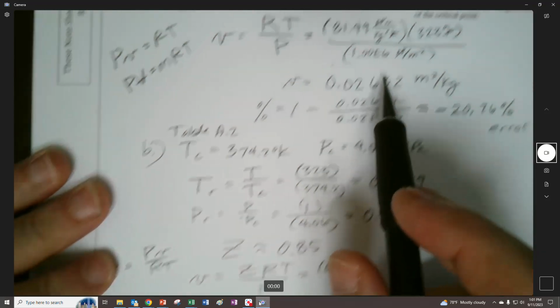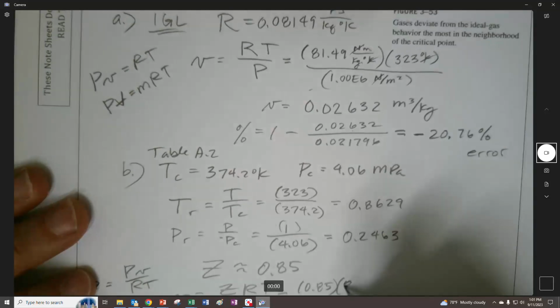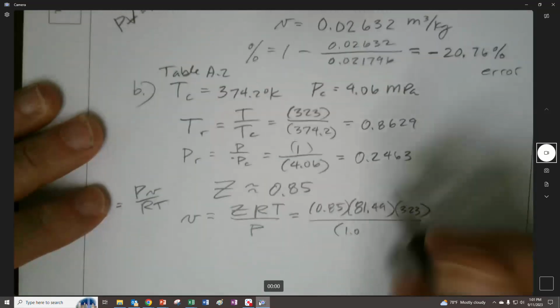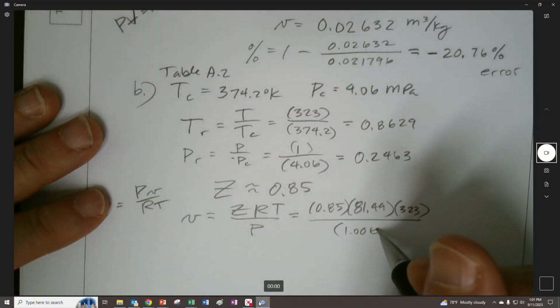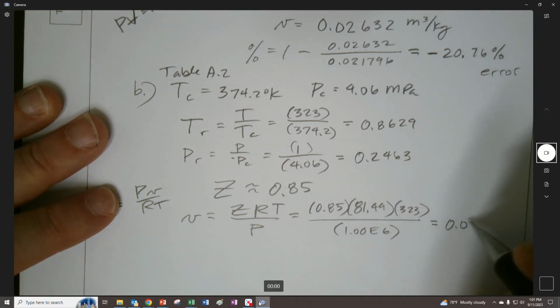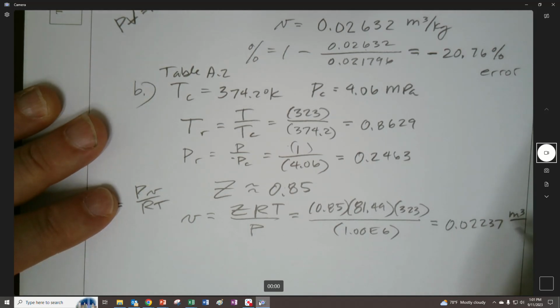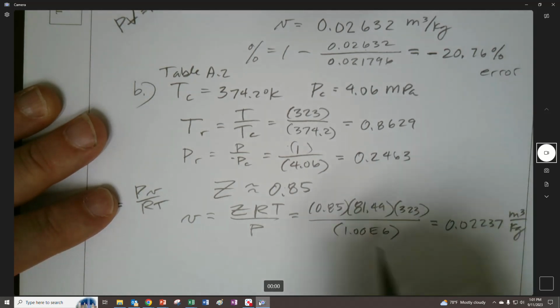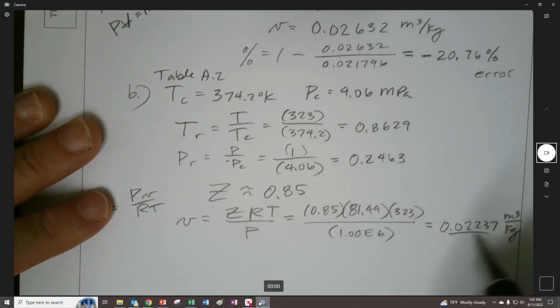We got them correct, and basically all the things are the same up here, so we could just multiply this by the thing we just got a second ago: 323, but I'm going to go ahead and be overly detailed. It's a professional hazard. We get 0.02237 cubic meters per kilogram.